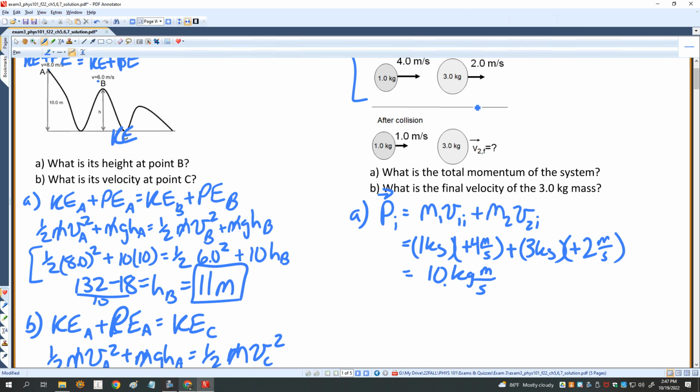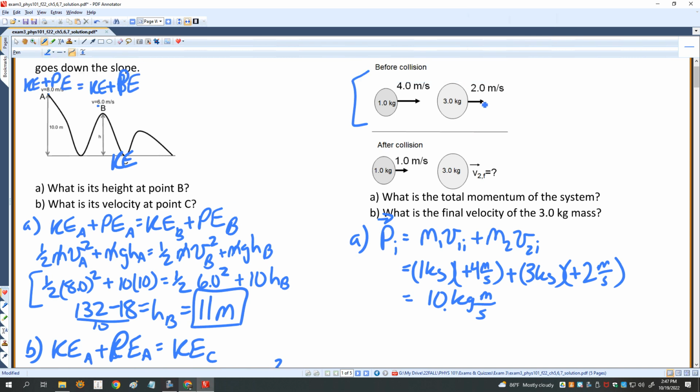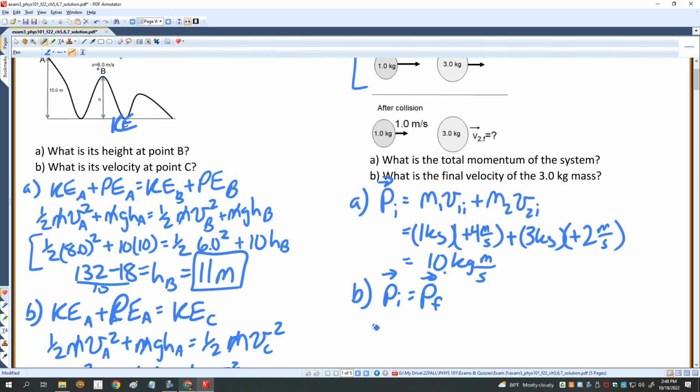Now I want to know what is the final velocity. So after this collision, I know that P initial has to equal P final. Momentum is always conserved in every collision in the universe. So I have this 10 kilogram meters per second is equal to whatever my final momentum is, which is going to be these two particles.